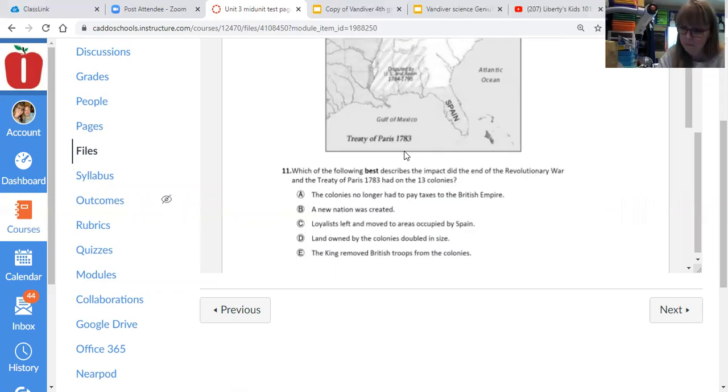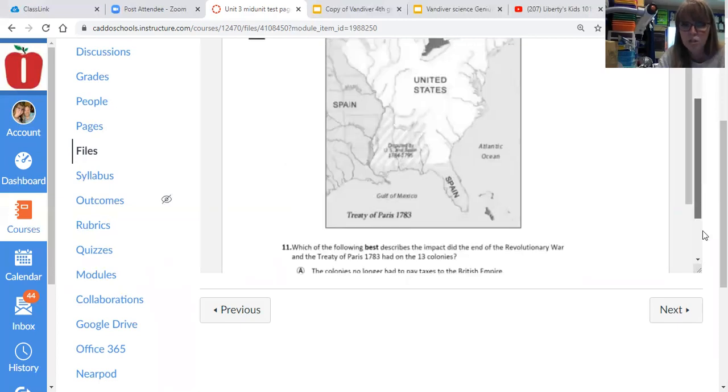C, loyalists left and moved to areas occupied by Spain. D, land owned by the colonies doubled in size. E, the king removed British troops from the colonies. There are 2 correct answers, and it doesn't say that here, so this should say 2 correct answers. So what are the 2 best answers?